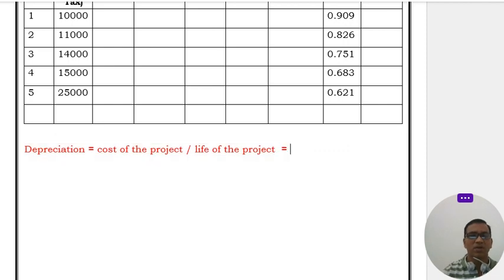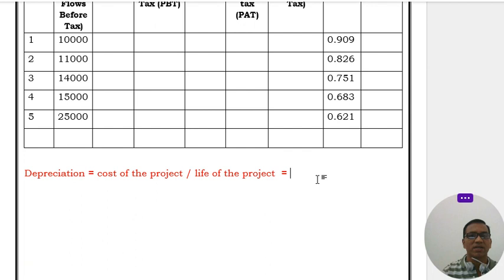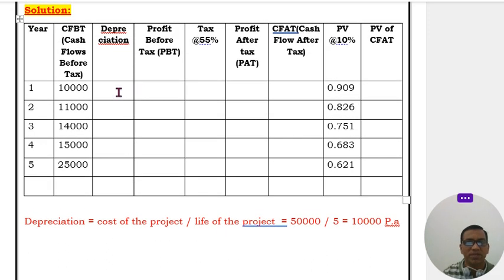So that is 50,000 divided by 5, equal to 10,000 PA, per annum, per year. Straight line method of depreciation is every year the same: 10,000, 10,000, 10,000 and 10,000.